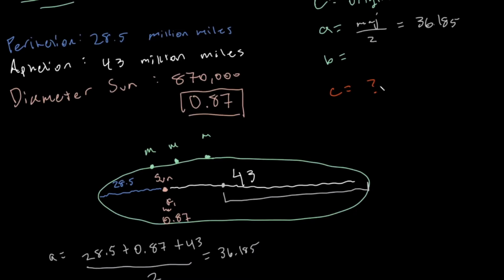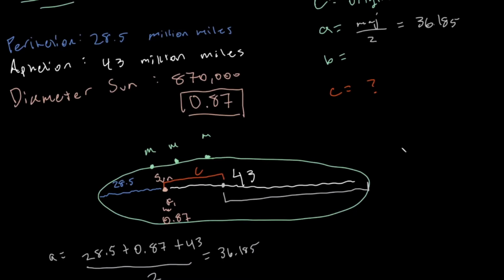Minus 28.5. You're both wrong, but you're both almost right. C is the length from the focus to the center. It's the focal length. Well, I would say you're both right because I didn't even clarify. The focus is at the center of the sun, so we have to consider half of this length. So the focal length C, I'll say you both got it right, so don't worry.